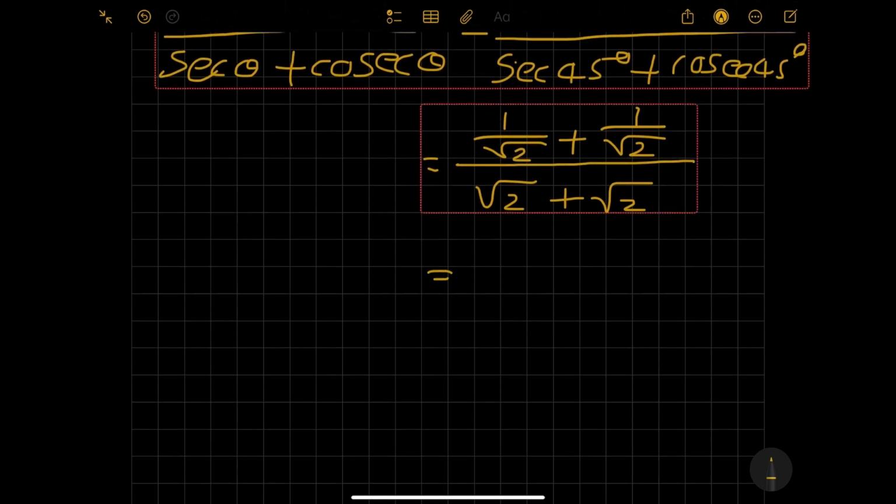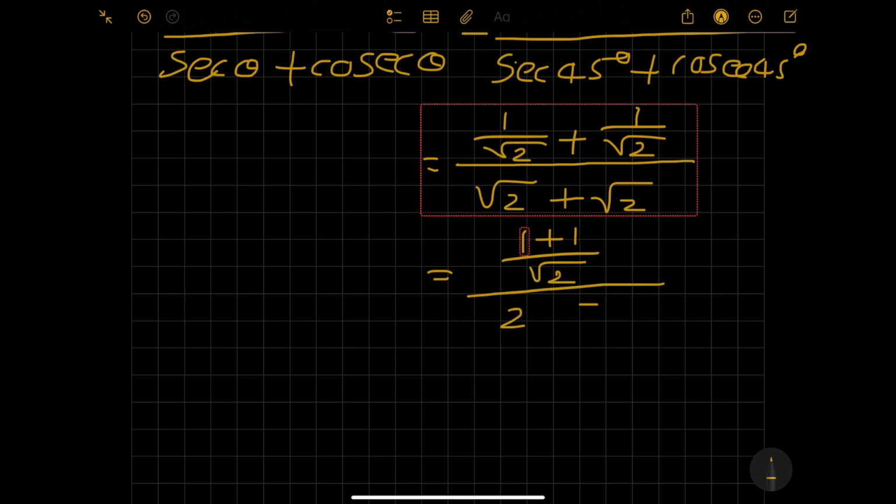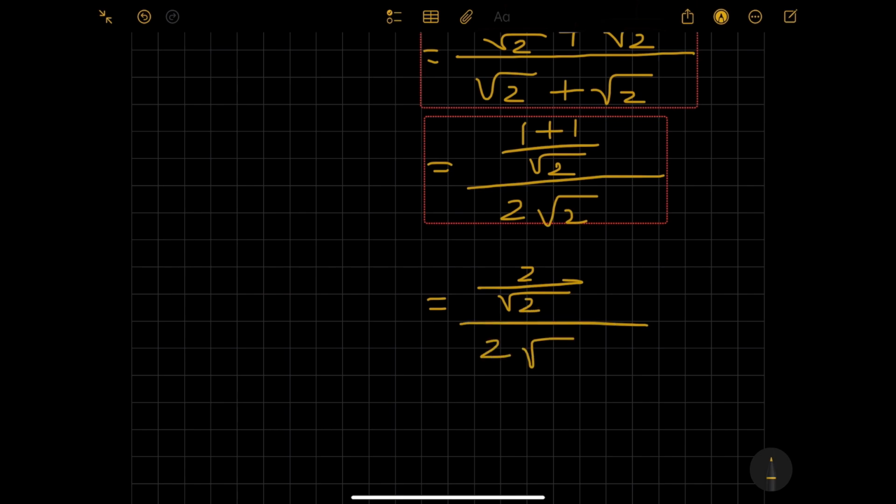For the numerator, the denominator is the same, so we just add the numerators. 1 plus 1 is 2, or you can also write it as (1 plus 1) divided by root 2, again whole divided by root 2 plus root 2, which is 2 root 2. Clear? Now 1 plus 1 is 2 divided by root 2, and whole divided by 2 root 2.